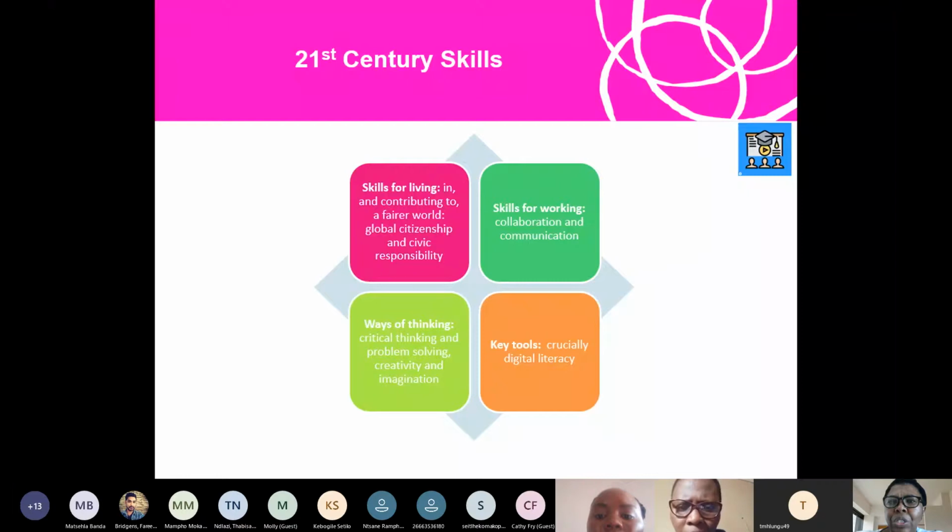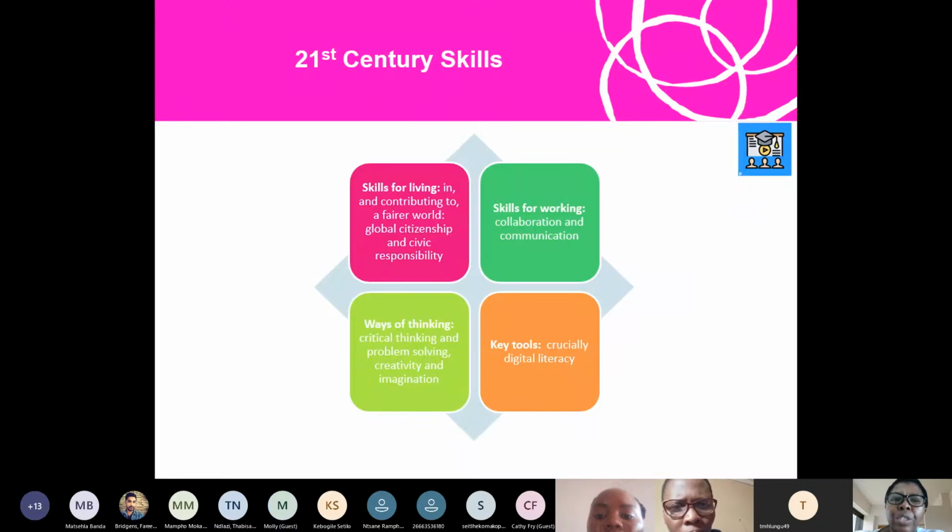So as teachers, we have got a responsibility of ensuring that even at the lower grades, we develop our learners' collaboration and communication skills, because it really matters. Without those, you can't really work with people.